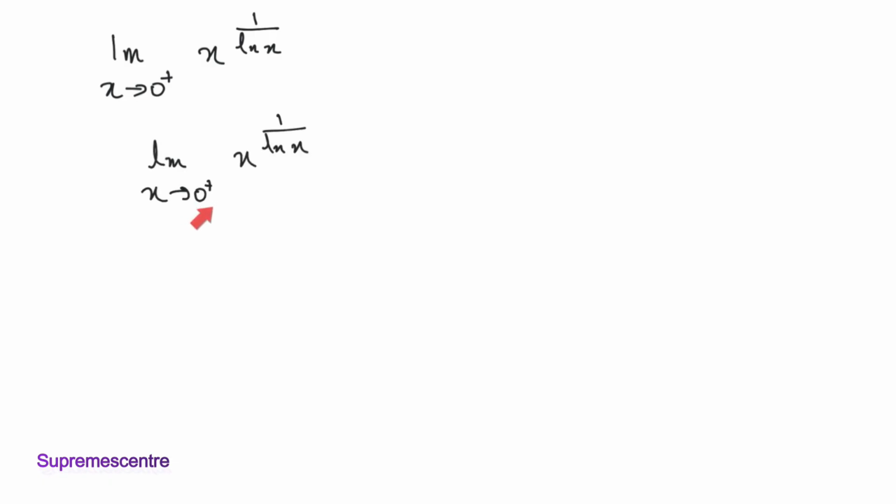So I am substituting 0 in the value of x. So I get 1 by ln 0. So ln 0 is minus infinity. So I get 0 power 1 by minus infinity, which is 1 by infinity, which is 0. So I get 0 power 0. So now I have shown that this limit is of the form 0 power 0.